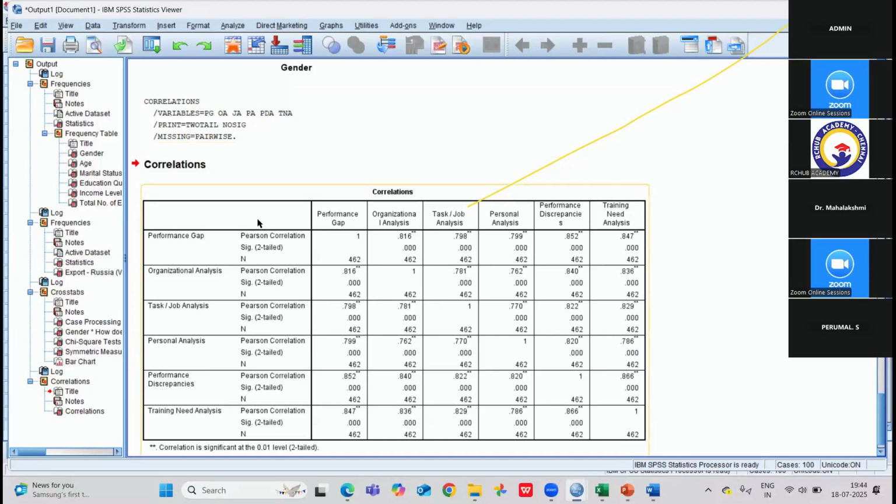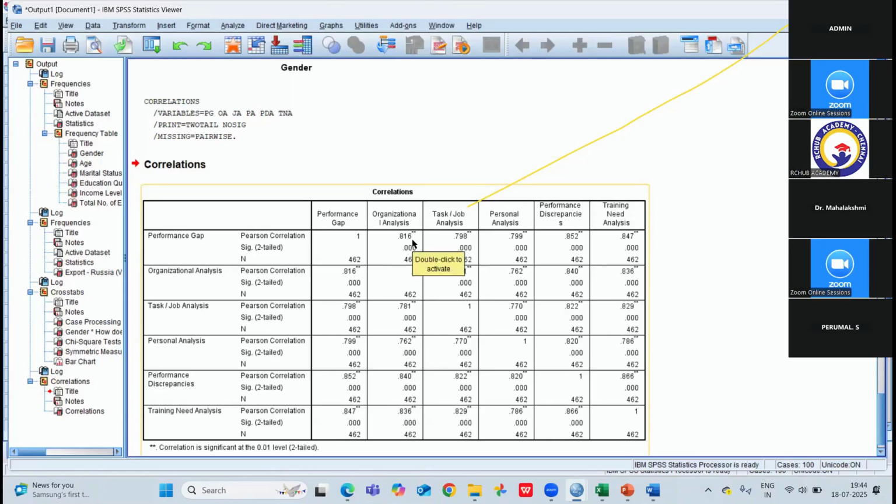Yes. When it's 0.2, 0.3 or 0.4, mostly you look at the significance value. Mostly the significance value will be greater than 0.05. If it is greater than 0.05, you cannot consider the value because they don't have a relationship.